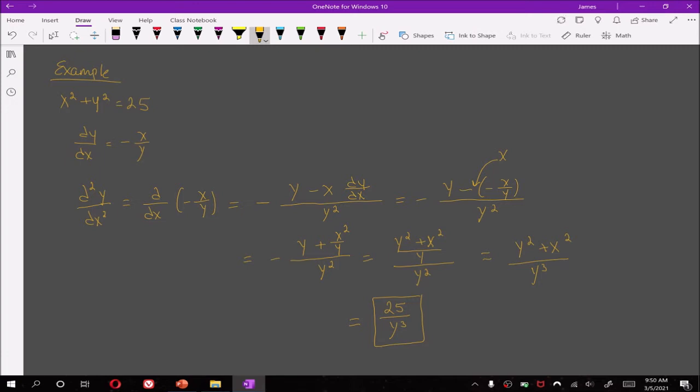And again, I forgot the negative, so let's do that. That's a negative, that's a negative. This should be a negative here. So negative 25 over y cubed. All right, we're going to have one final example for implicit differentiation.